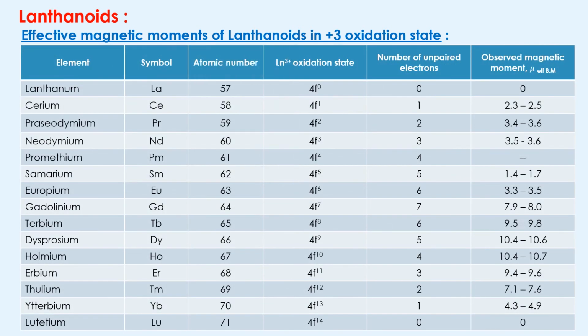See this table, in which they have given the number of unpaired electrons and the observed magnetic moment. Starting from lanthanum to lutetium, the number of unpaired electrons goes from 0 up to 7, which is the maximum. Then it starts decreasing again. You can see the observed magnetic moment for each element in this table.